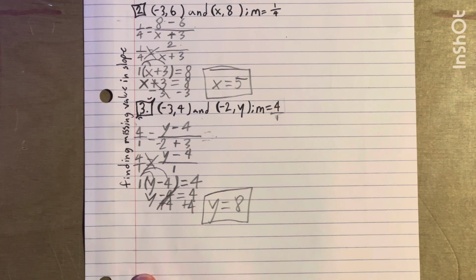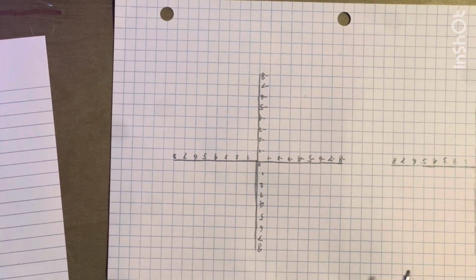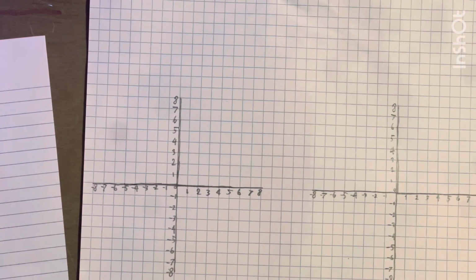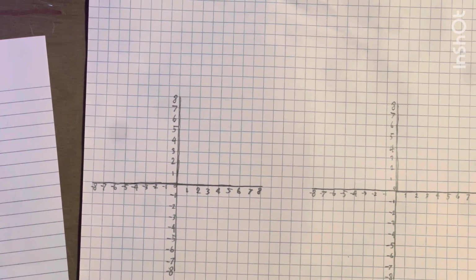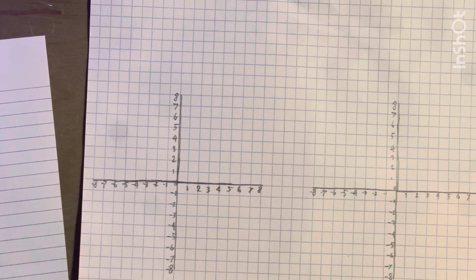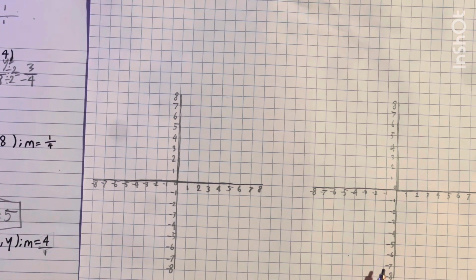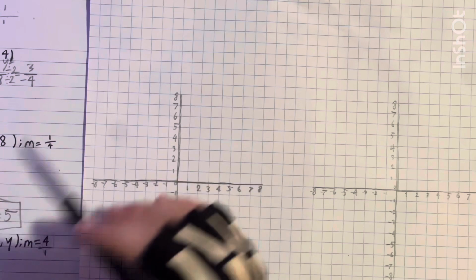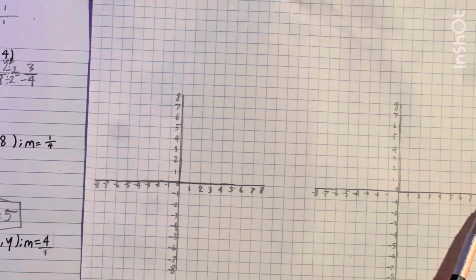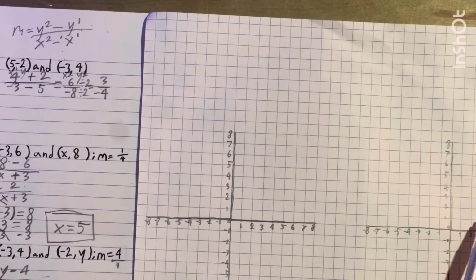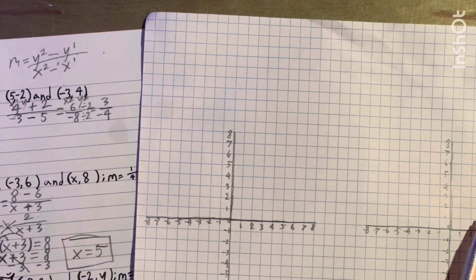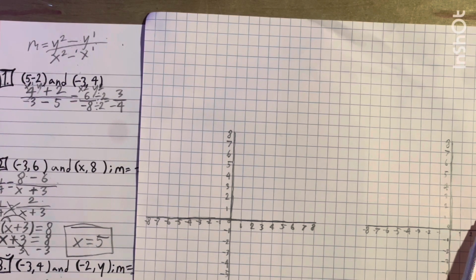But if you want to know how to graph it, here's how. You might be wondering, how am I supposed to graph a fraction? You're not supposed to find the fraction on the graph. So for the first one, you have 5, negative 2, and negative 3/4.